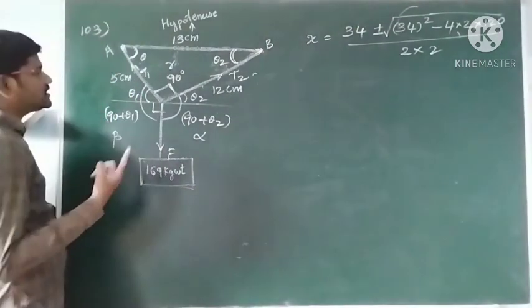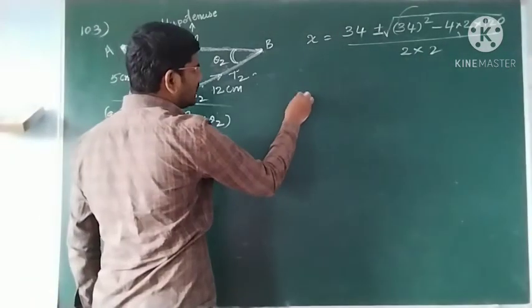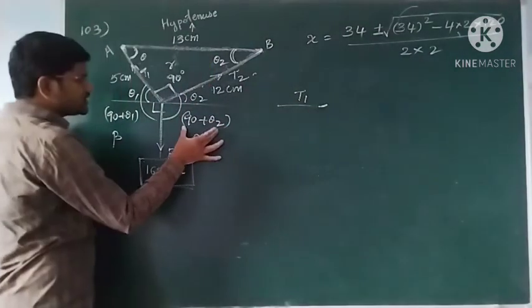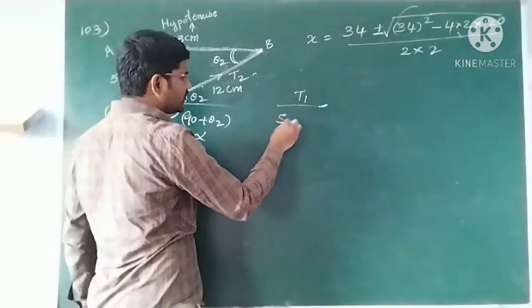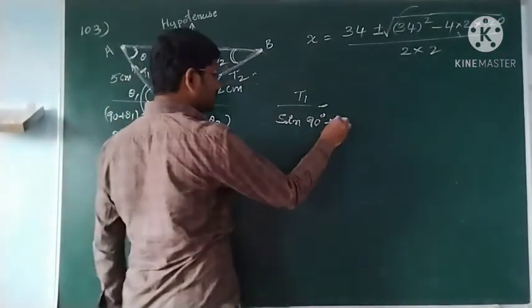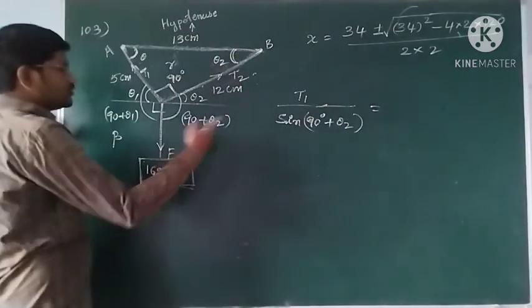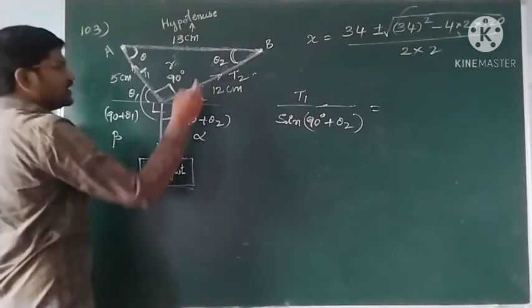Since we have to find the tensions, T1 by sin of the opposite angle. So what do we write, students? 90 degrees plus theta 2. So T1 by sin 90 degrees plus theta 2, and T2.